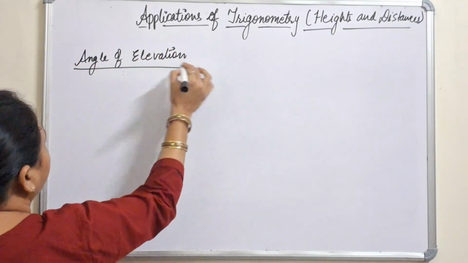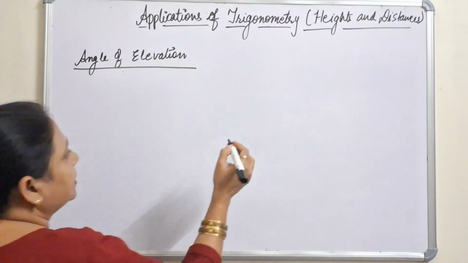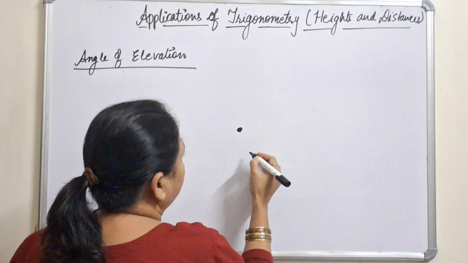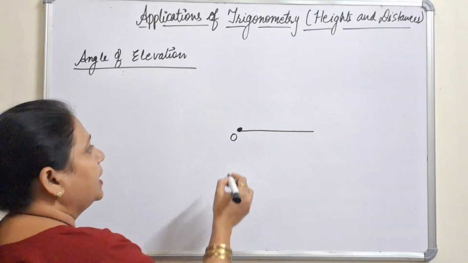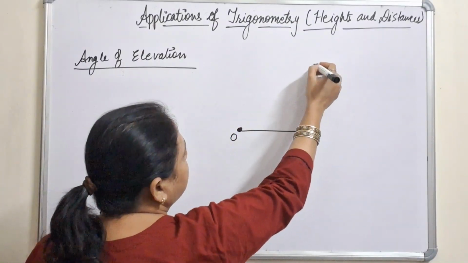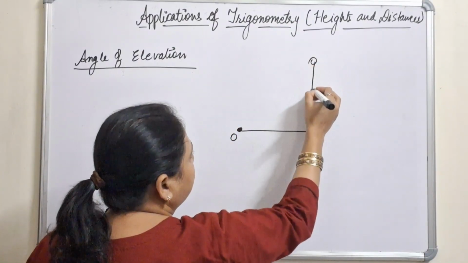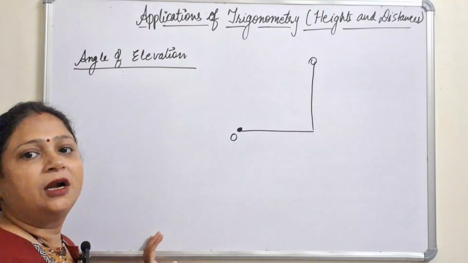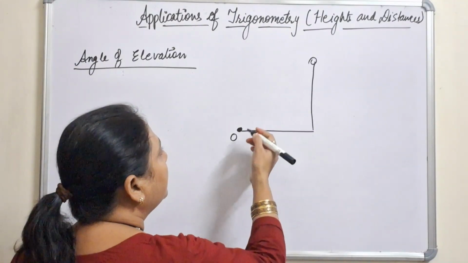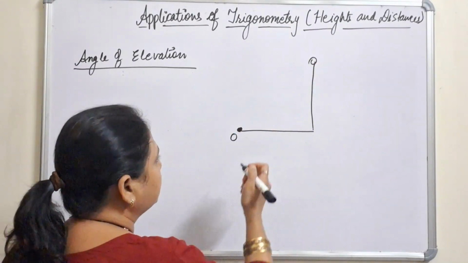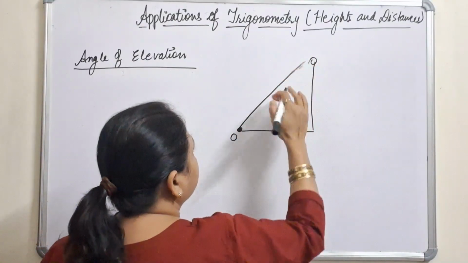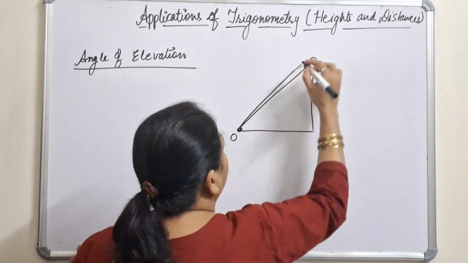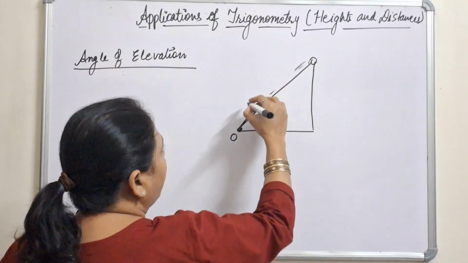And what is angle of elevation? If the observer is at this point O and he is looking upwards to the top of the tower, or anything upwards, then the angle of elevation will be with the line of sight.